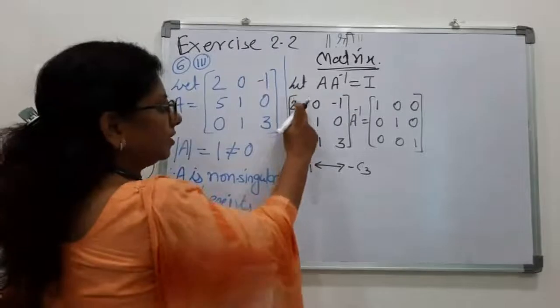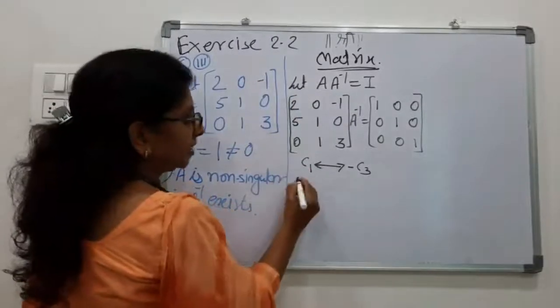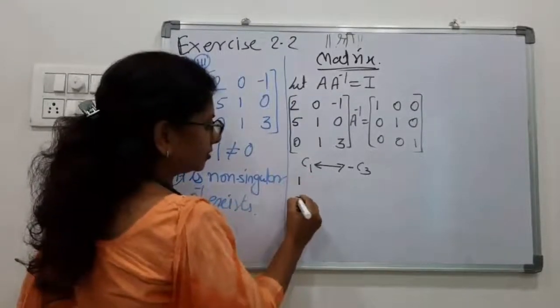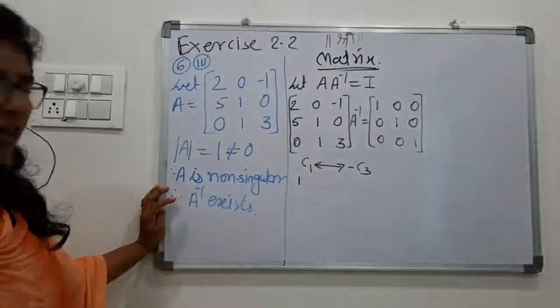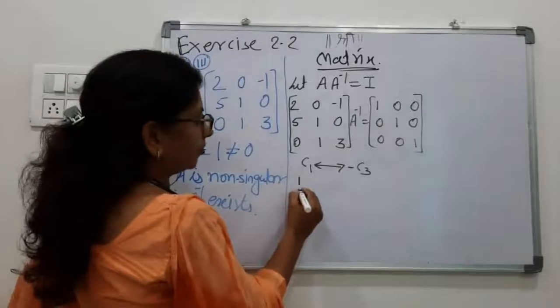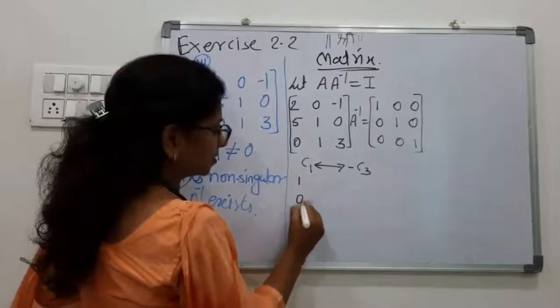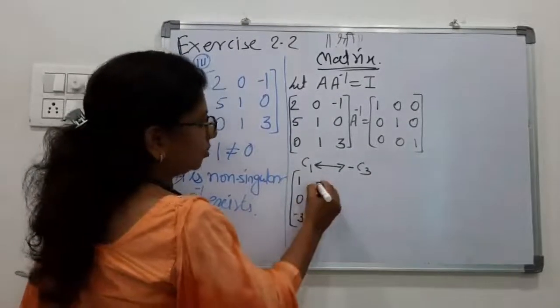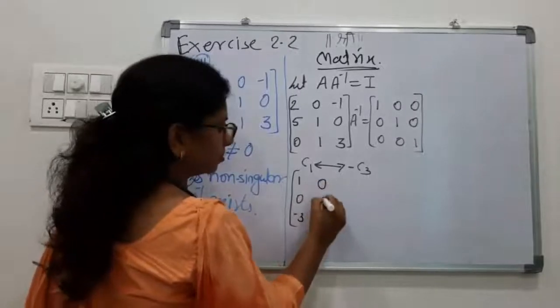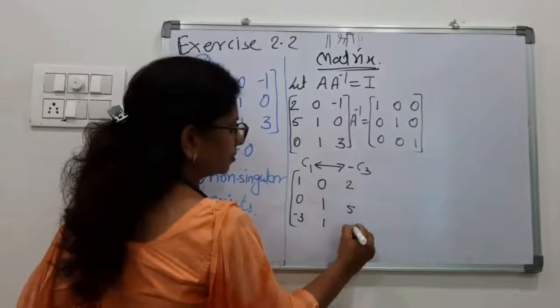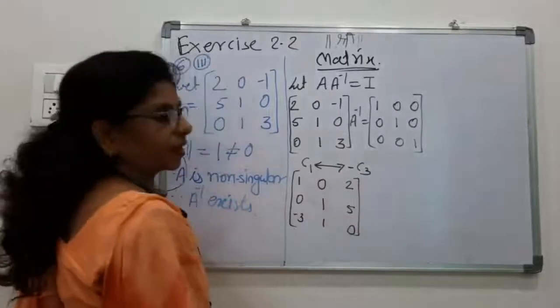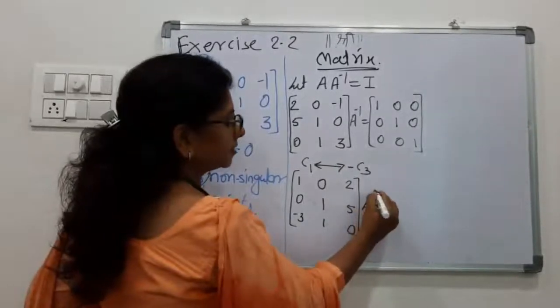So bring minus C3 here. So 1. Now we are using column transformation, no? So 1, 0, minus 3. No change on C2, so as it is. Then 2, 5, 0 as it is. A inverse as it is.